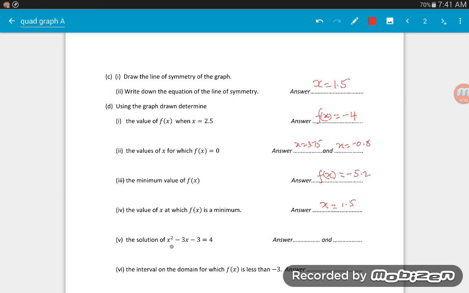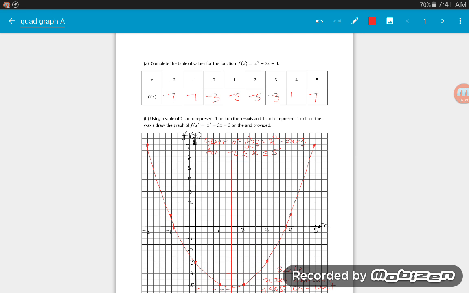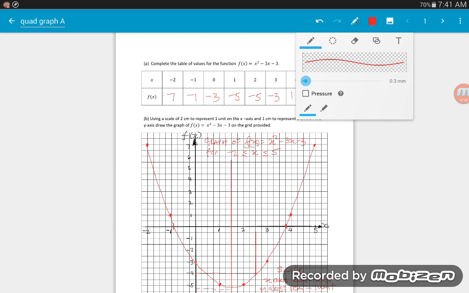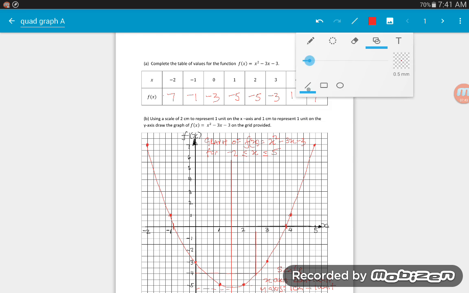Now, the solution of x squared minus 3x minus 3 equals 4. Remember, we're using the graph. So we draw a horizontal line at f of x equal to 4, and then see where it intersects our graph.